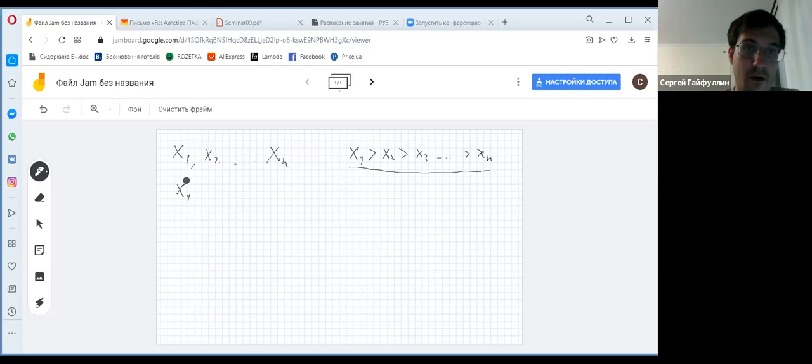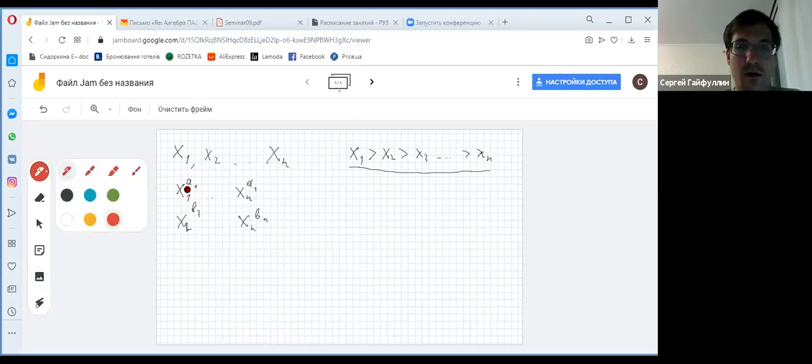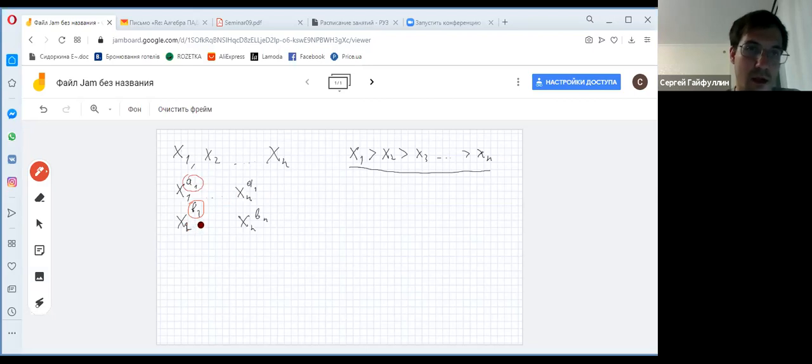So if I have one monomial and one more monomial with powers b1 to bn, then first of all I compare a1 and b1. If a1 is bigger than b1, then the first monomial is bigger. If b1 is bigger than a1, then the second monomial is bigger. If they are equal, then I look at a2 and b2, and so on.